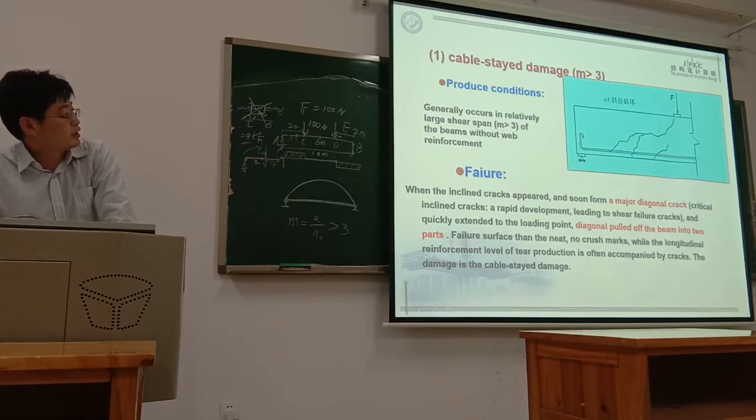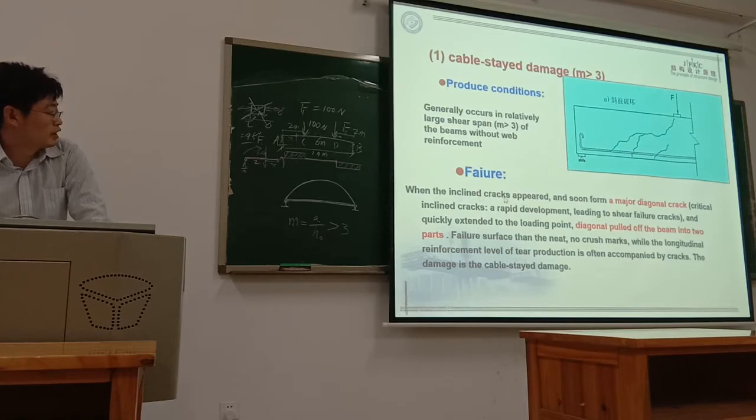That means a is relatively long compared with h0, because we know h0 is normally the distance from here to here. Once this distance is 3 times h0, it looks like this.